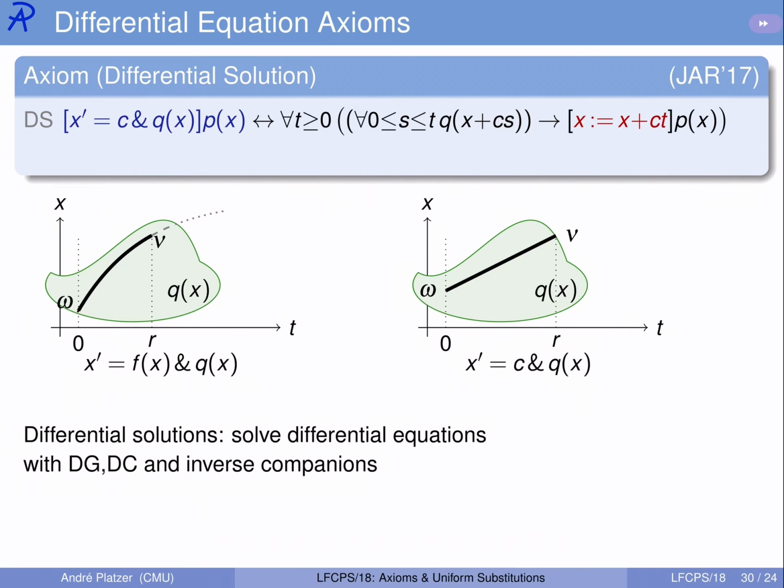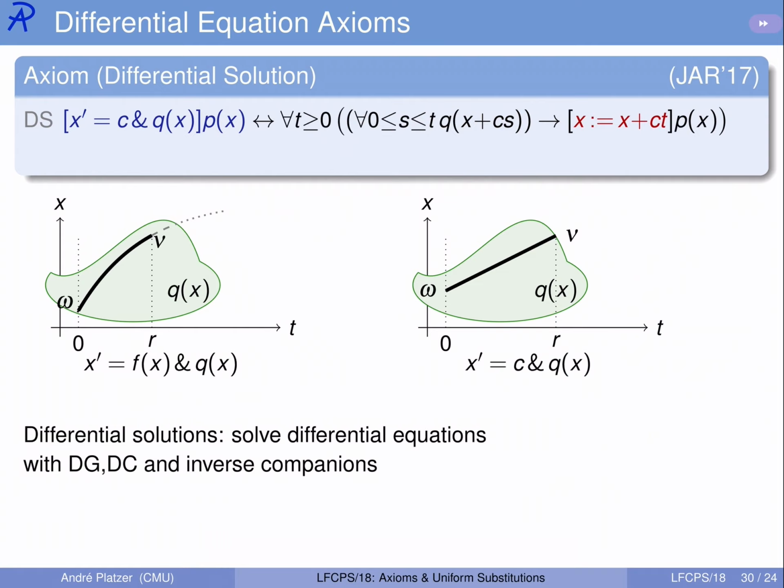Now, the solution axiom in general we didn't want to have in uniform substitution style, because the relationship of the differential equation to its solution is kind of non-obvious in general. But there's an important way in which differential solution axioms are actually very easy to write down, and that's if the right-hand side of a differential equation is a constant.